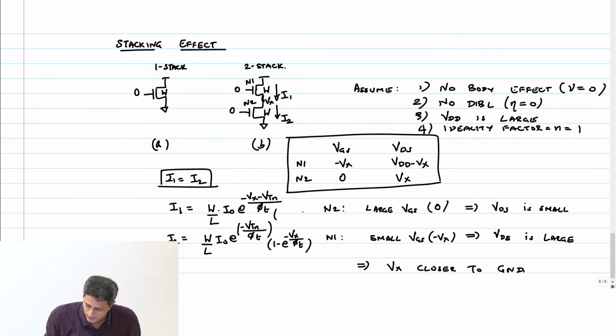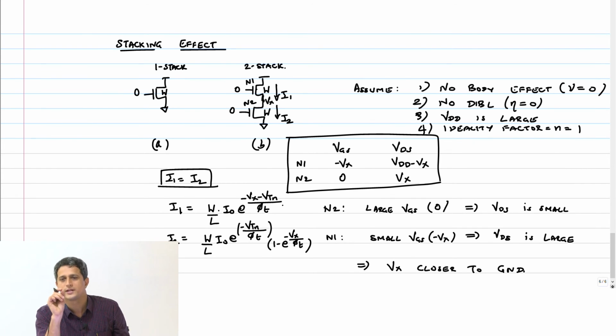So I am going to just say this. Now I wanted to equate these two currents and find out what that intermediate node voltage Vx is.